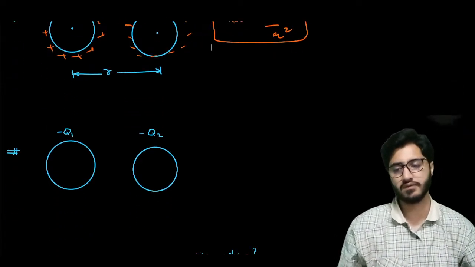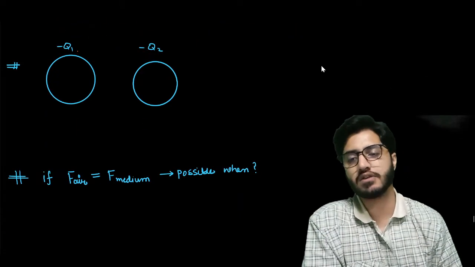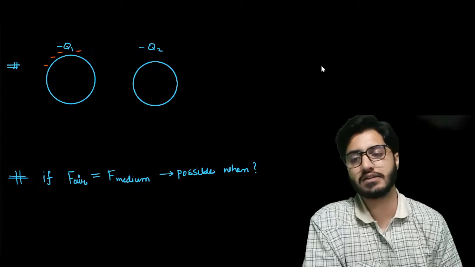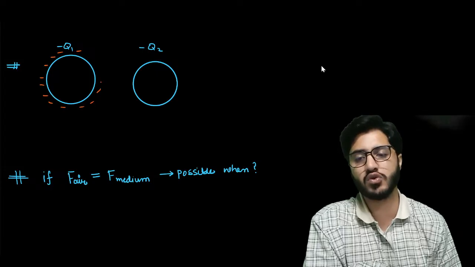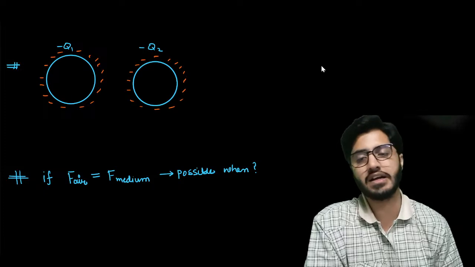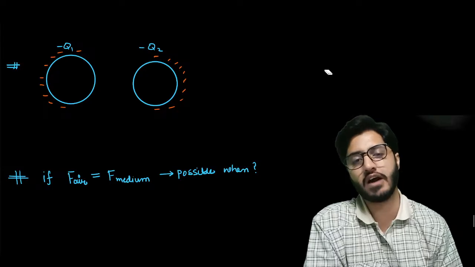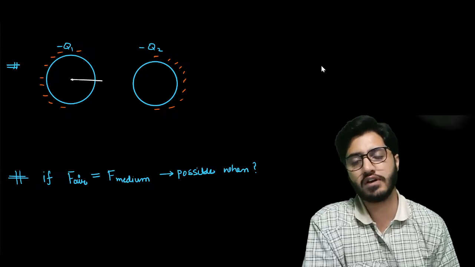Okay, now next one. If we have this one, in the ideal case my charge will be uniformly distributed throughout the surface, but in reality it will get repulsion. So these charges will get accumulated backwards. So what will happen here?